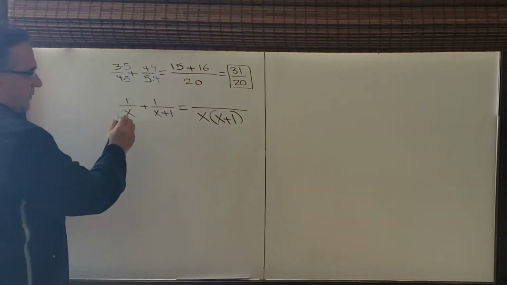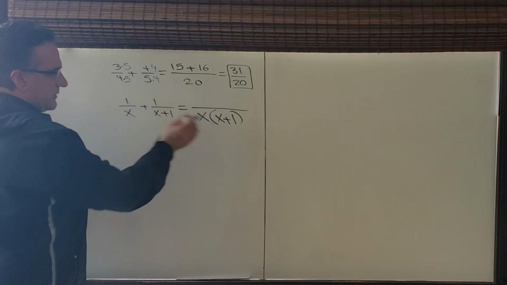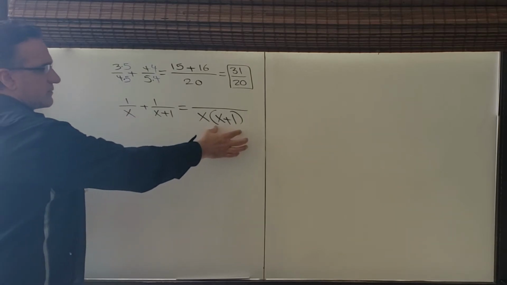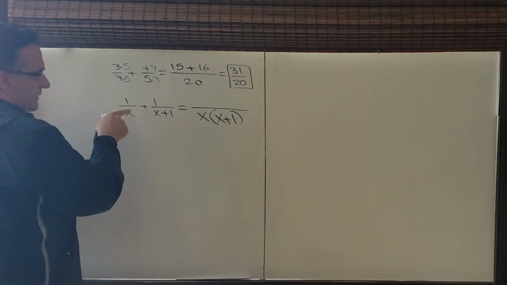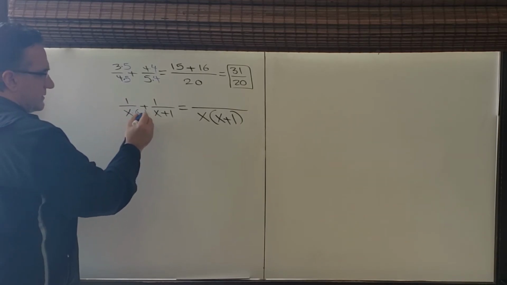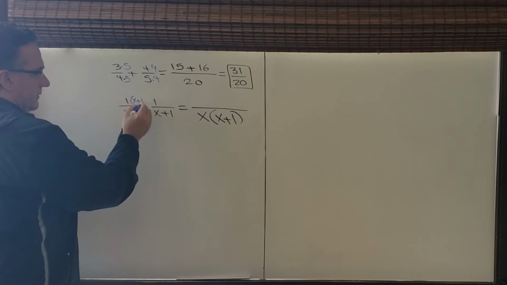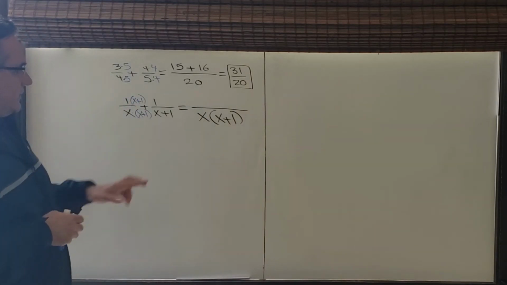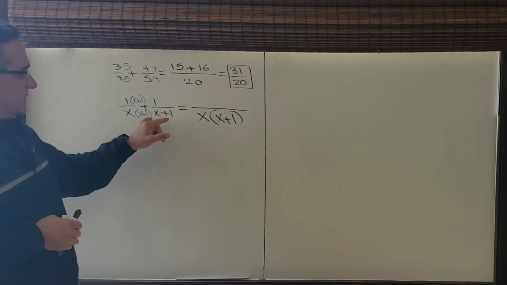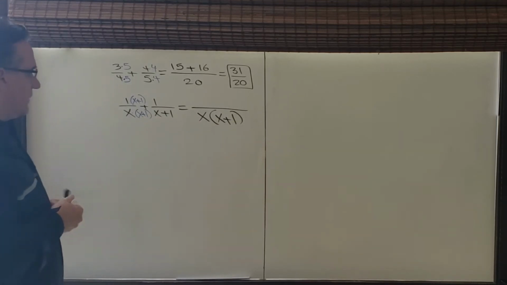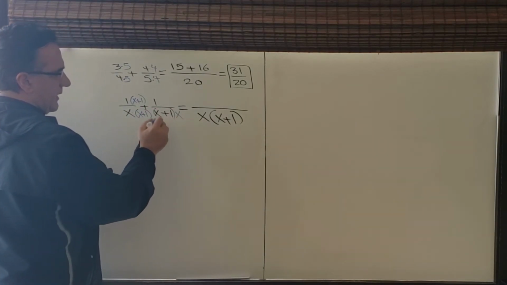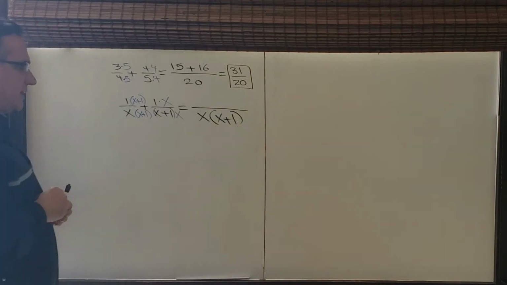So we need to make sure this denominator turns into the common denominator. In order to do that, what's missing? The x plus 1. So we're going to multiply the top and bottom of this fraction by x plus 1. Notice that in order to turn this denominator into the common denominator, what's missing is just the x. So go ahead and make sure you parenthesize this x plus 1 and multiply it by x and do the same on the top.